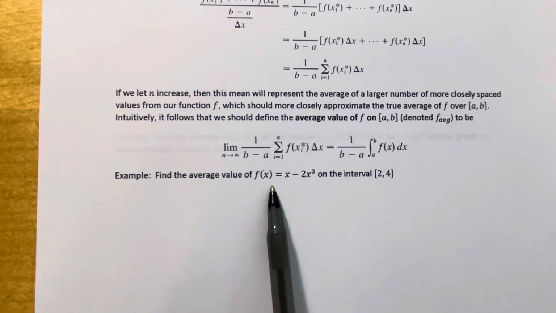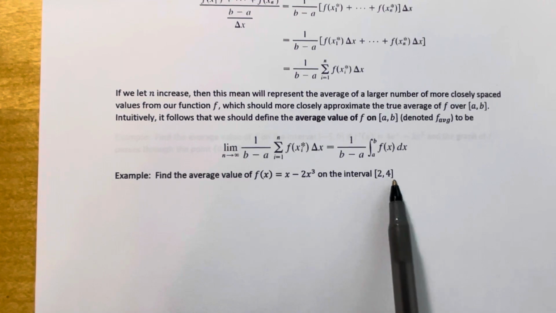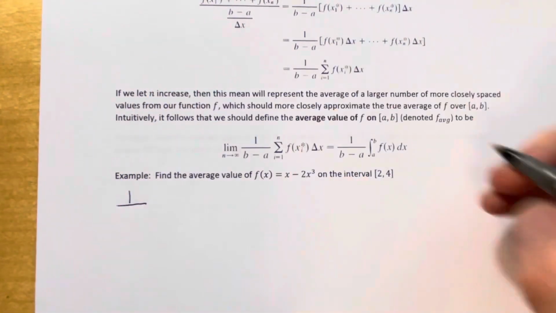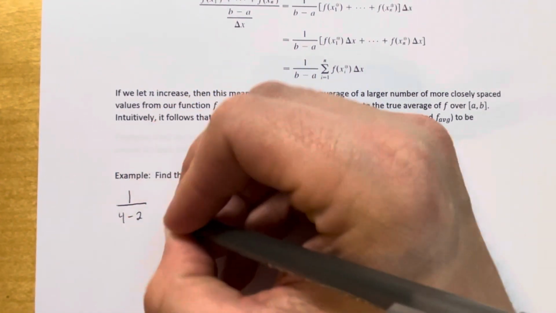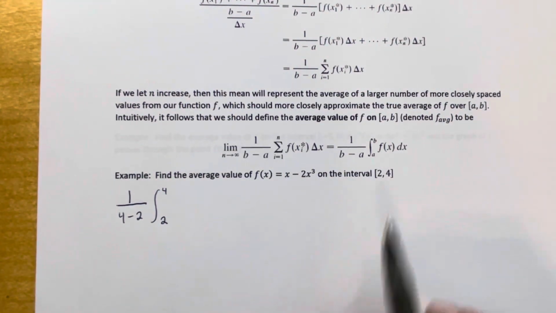So let's try an example. I want to find the average value of f of x equals x minus 2x cubed on the interval 2, 4. So 1 over b minus a, where b is 4 and a is 2, is 1 over 4 minus 2, times the integral from 2 to 4. Notice I'm using the endpoints of my interval here.